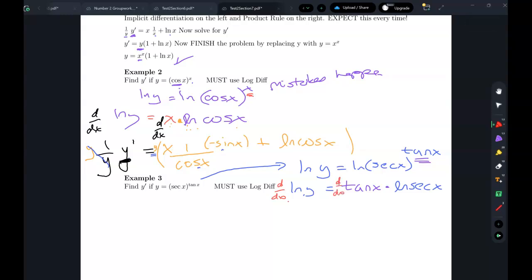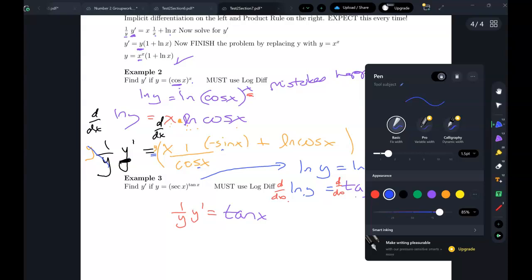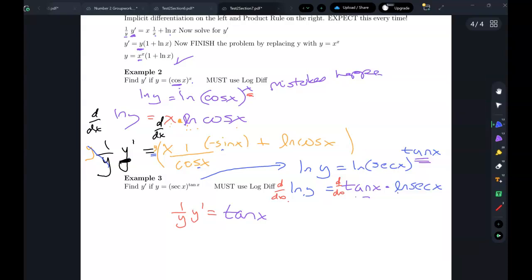So the derivative of ln of y would be 1 over y, y prime. On the other side, I'm going to need product rule. So I have 1 over y, y prime equals. Okay, so let's start with this. First, carry along the tangent, and then the derivative of ln of secant would be 1 over stuff times the derivative of stuff, secant x tangent x, right?